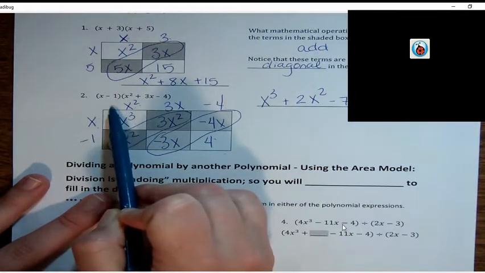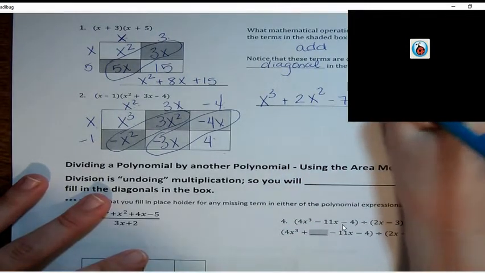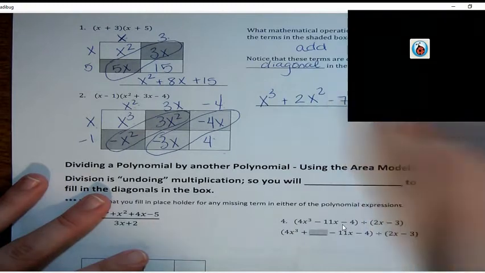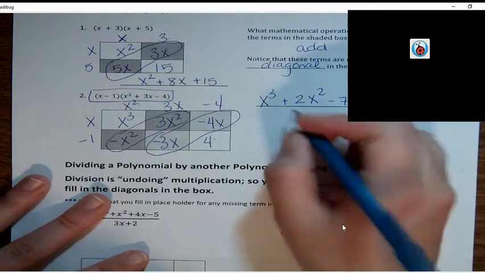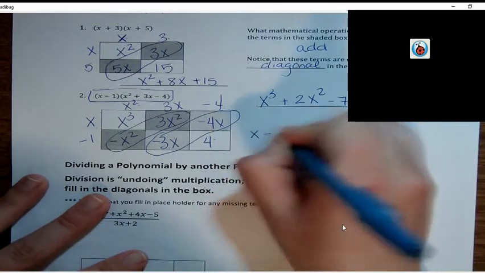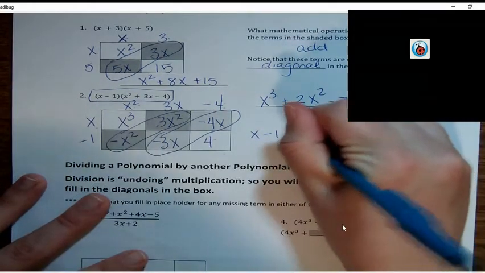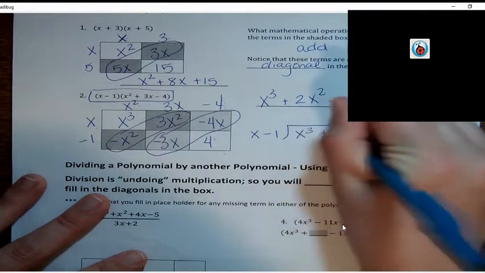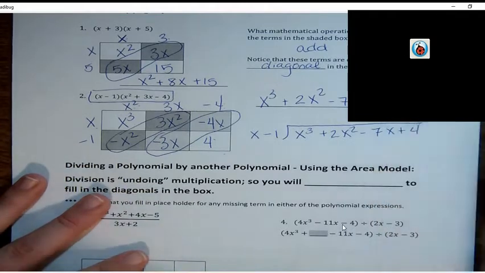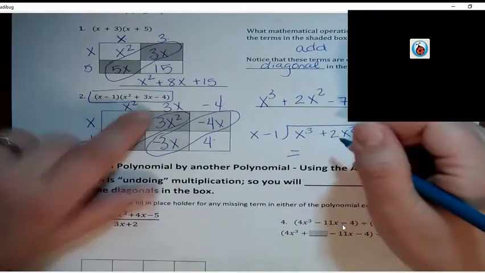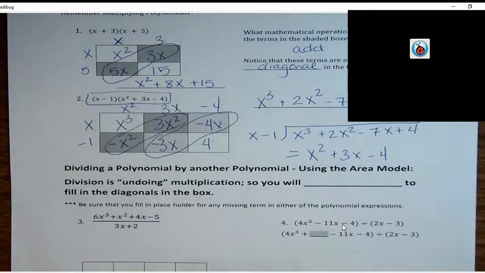So in this case, because this was the product of the two polynomials right here, I could hypothetically divide one of my factors from my product into my product. And when I do this, I should get out my other factor. Okay, so we're going to talk about how to do this today.